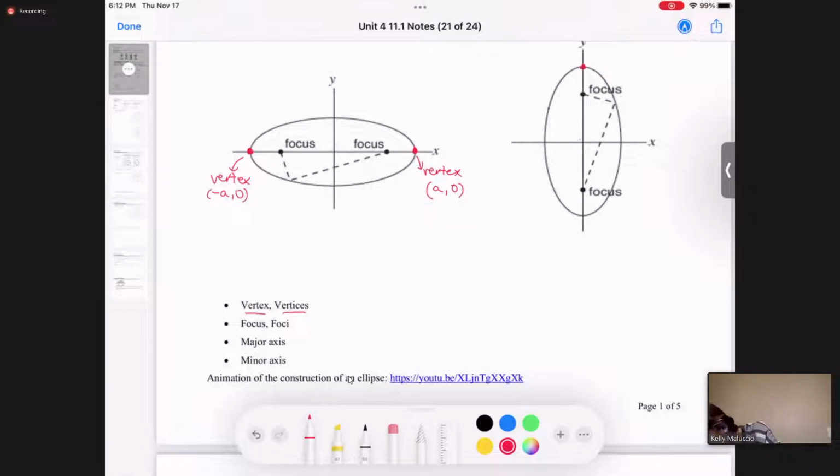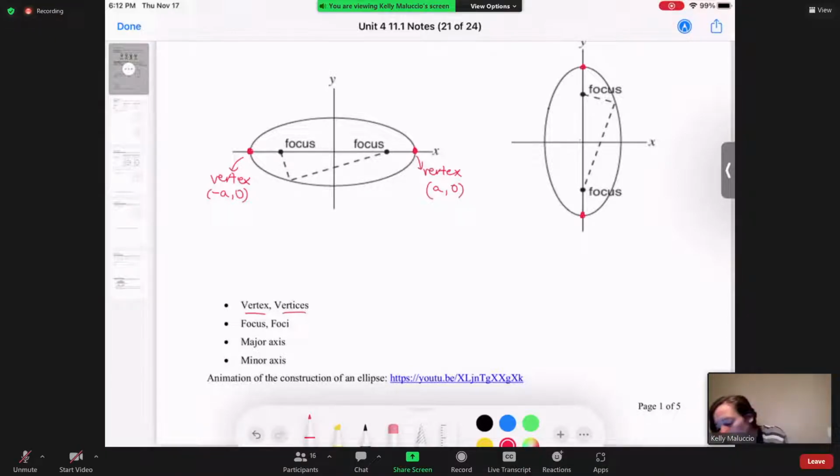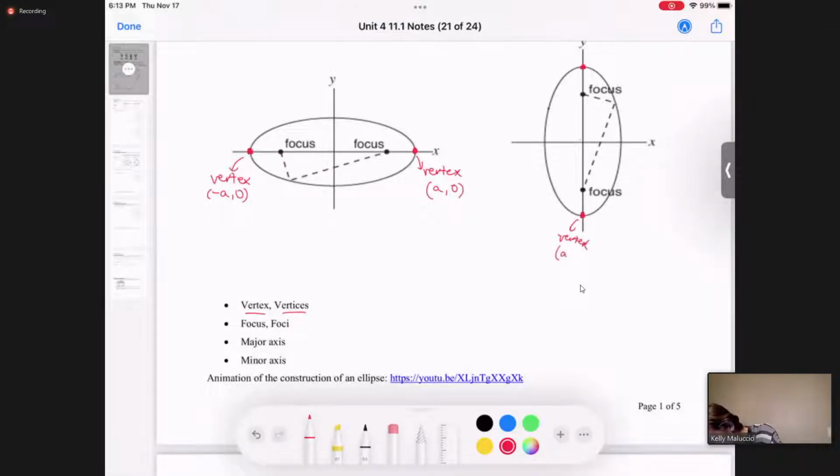The vertex is basically the points on either end of the major axis, which is going to be the longer side. So this would be 0, negative a, and vertex a comma 0, right?